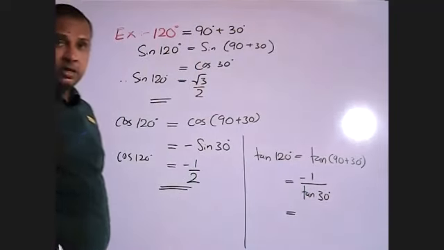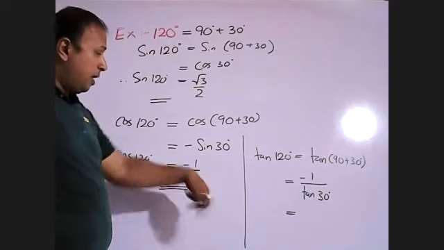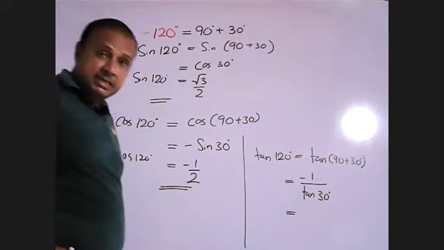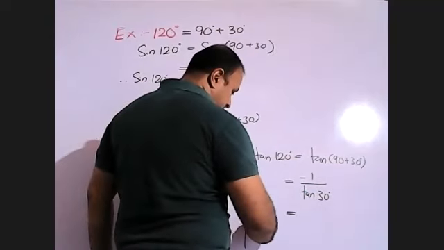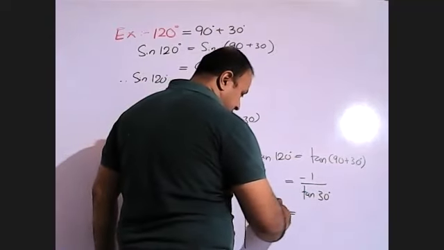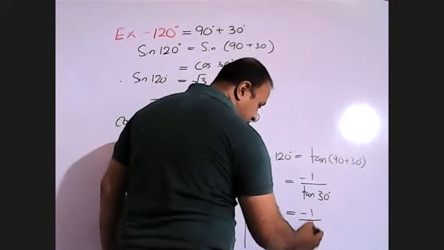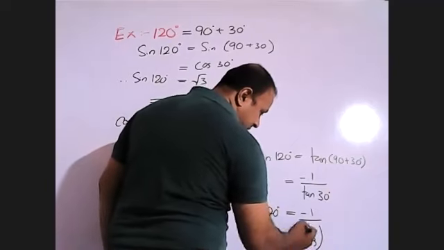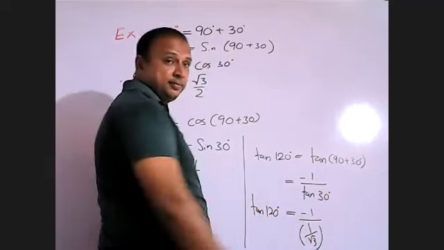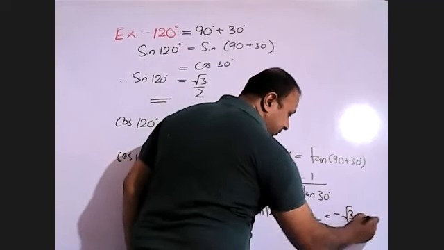Tan 30 means 1 over root 3, so 1 over tan 30 is root 3. Therefore, tan 120 is equal to minus root 3.